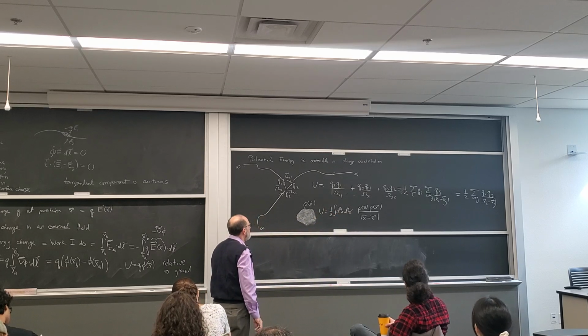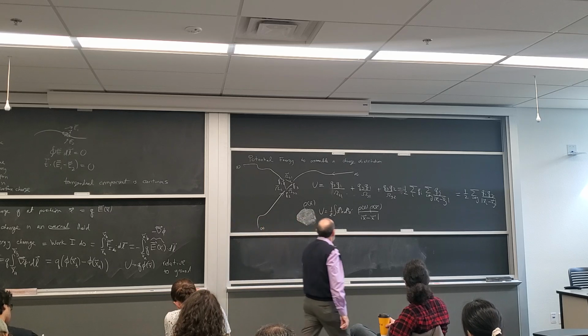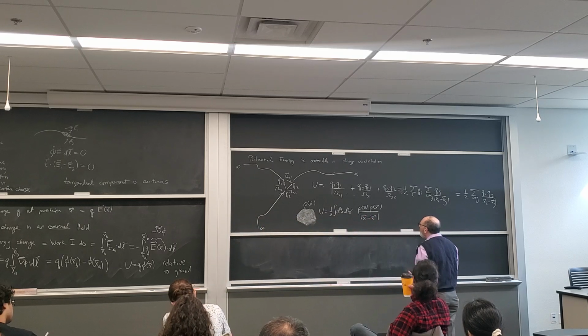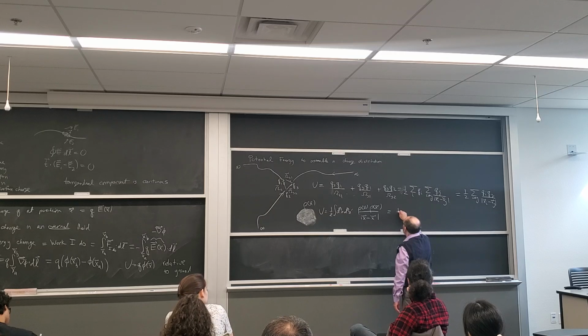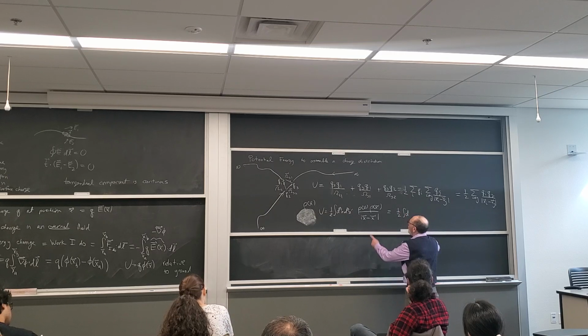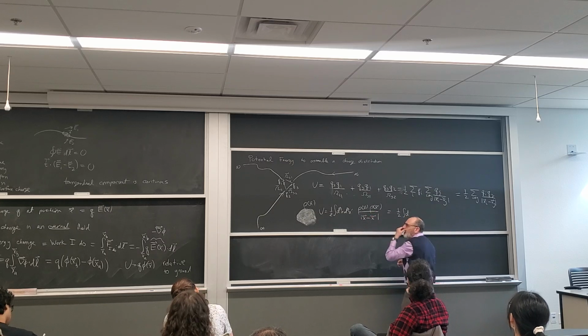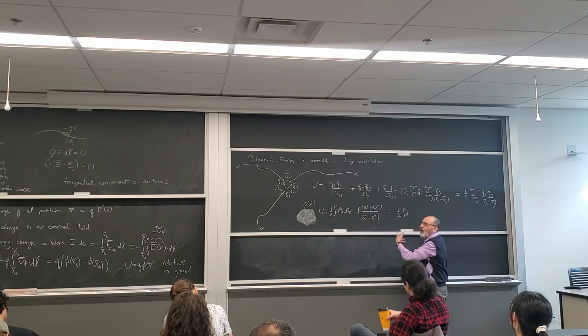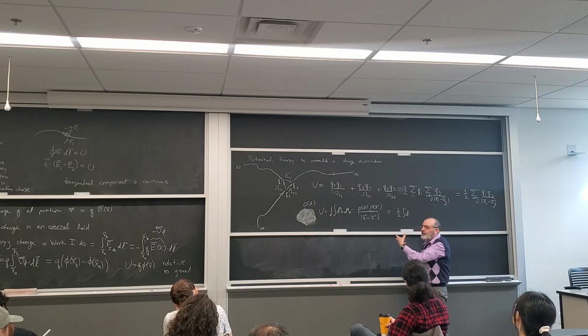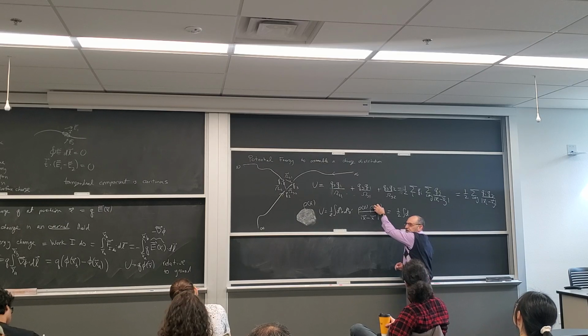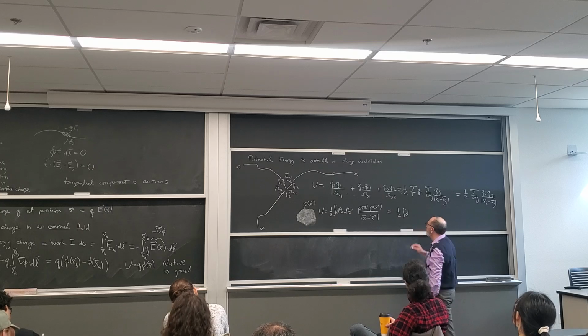And so another way of writing this is what we see here. This object integrated over x prime is the potential associated with this charge distribution, right?